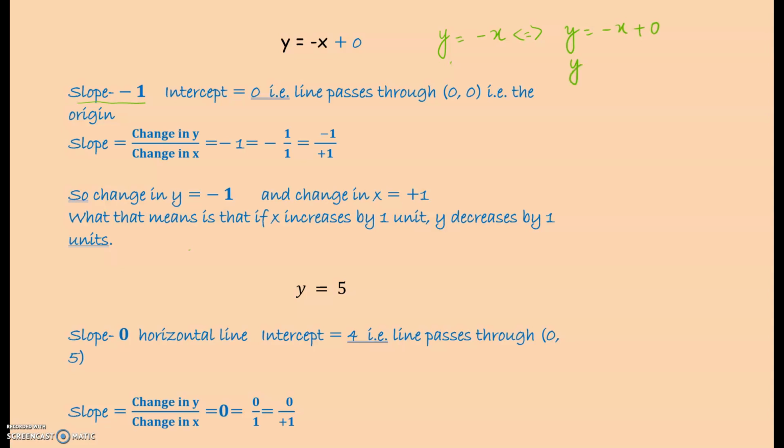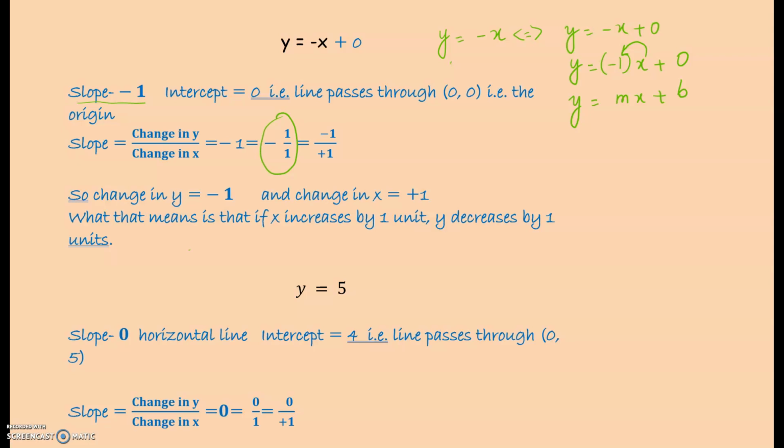Now that is the same as y equals negative 1 times x plus 0. So compare it to y equals mx plus b. The number multiplied to x is the slope. So the slope is equal to negative 1, which is the same as negative 1 over 1.